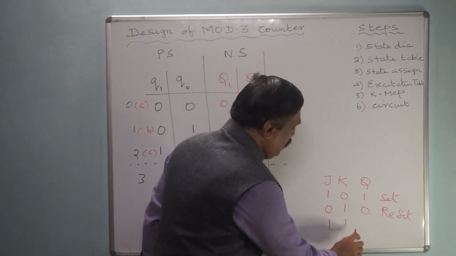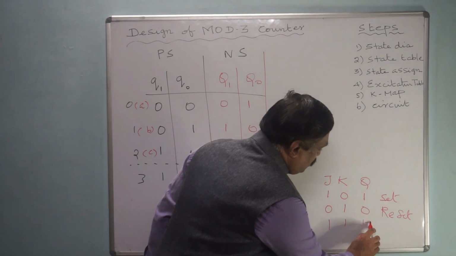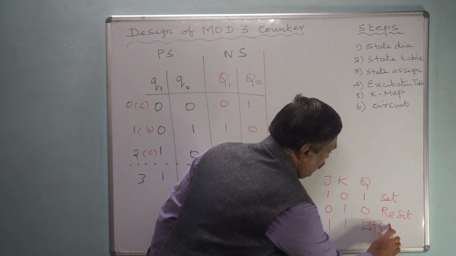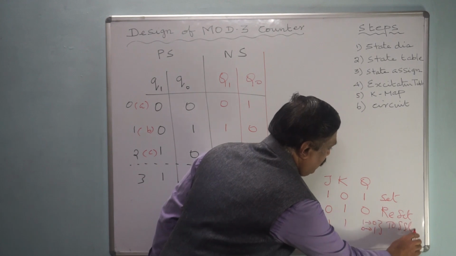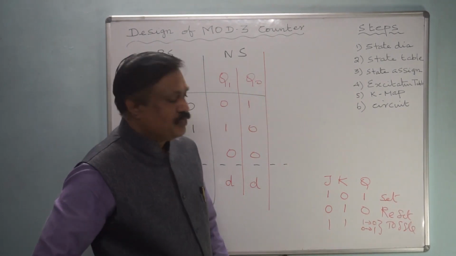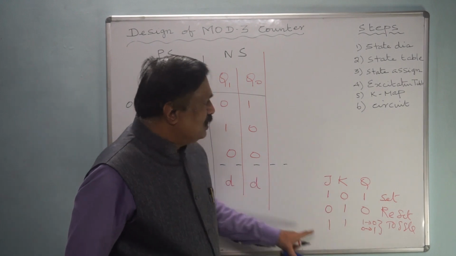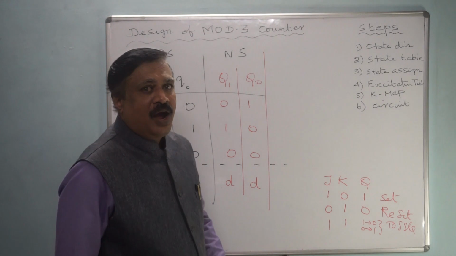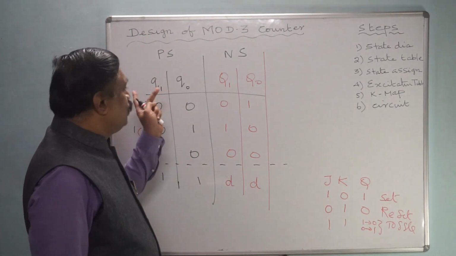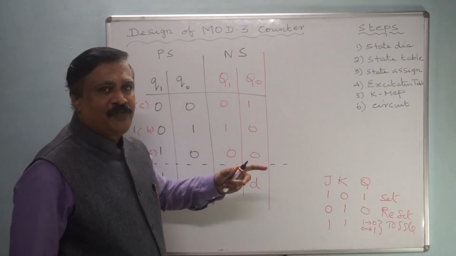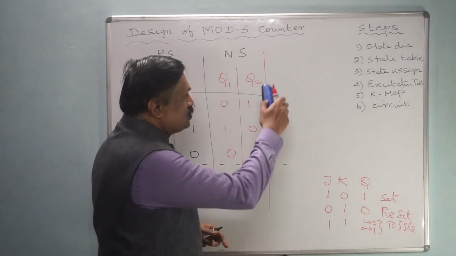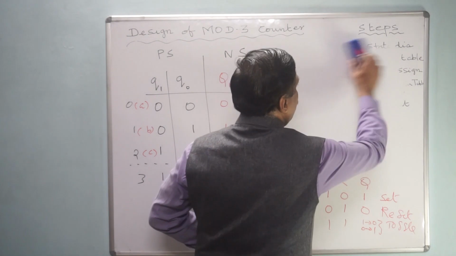Then if you give 11, 1 will change to 0 and 0 will change to 1, that means it is a toggle state. Now we are going to apply this for preparing the excitation table. I told you we are going to use 2 flip-flops, and 2 flip-flops means 2 JK will be there. I am going to use this principle only.